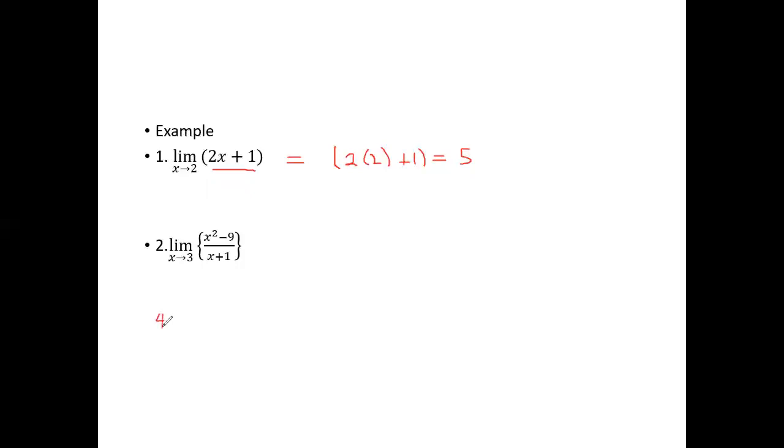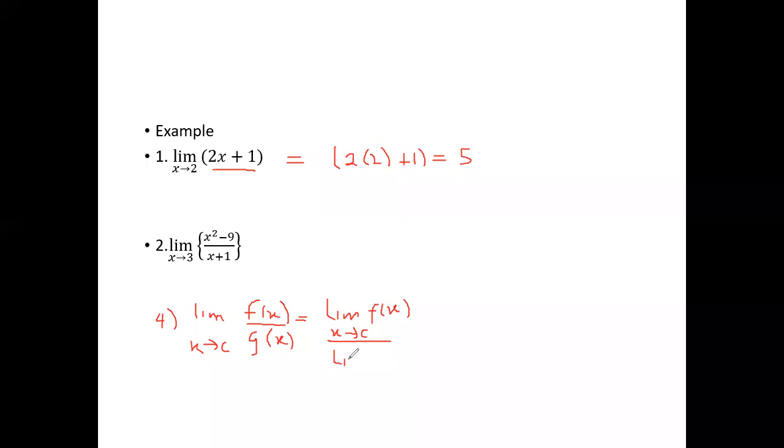So that will be rule 4, which is the limit of f of x over g of x, meaning a rational function, as x approaches the point C, will be equal to the limit of f of x as x approaches C over the limit of g of x as x approaches C. I hope you are writing.